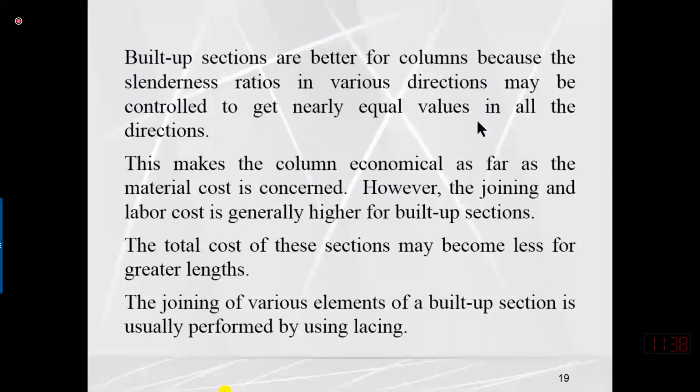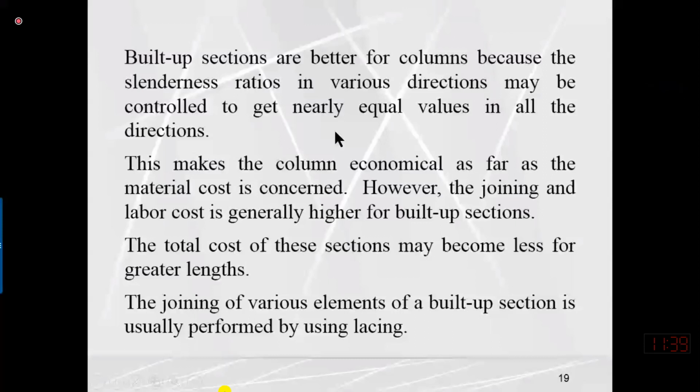This means the column has the same buckling strength about both axes. If the moment of inertia or slenderness ratio is larger about one axis, it will buckle about that axis, and we may have reserve capacity about the other axis. Due to this reason, we go for the built-up section.